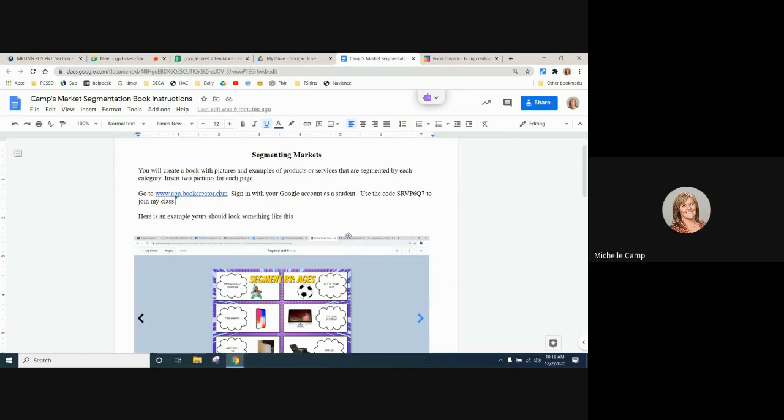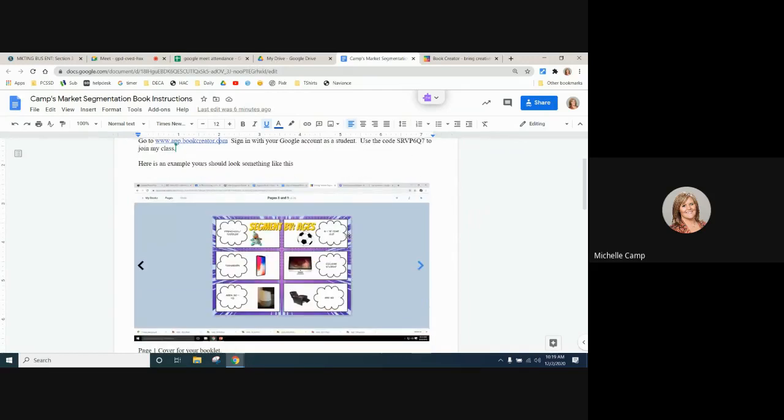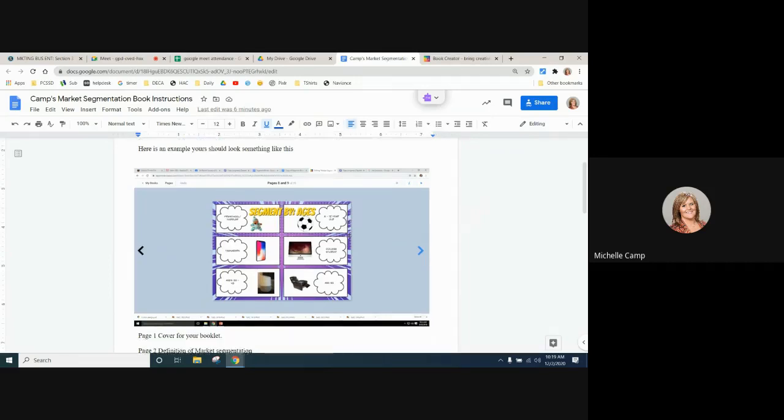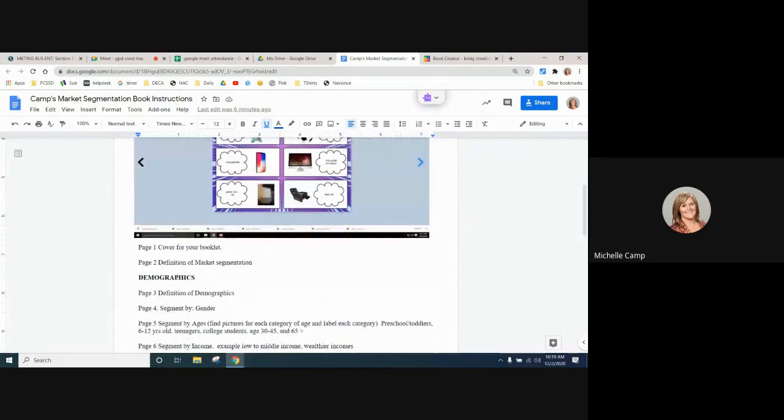So when you get to demographics, and you're on the page for gender in your booklet, then I want to see male and female. So I want two advertisements. They do not have to be related to each other in any way, but an advertisement that is specifically targeting females and an advertisement that is specifically marketing males.